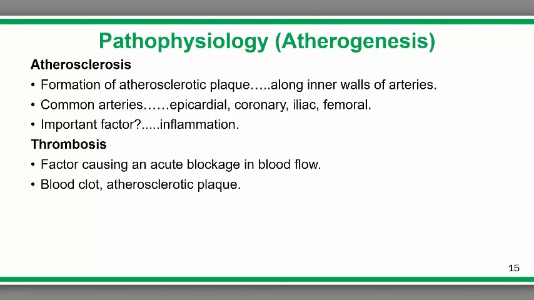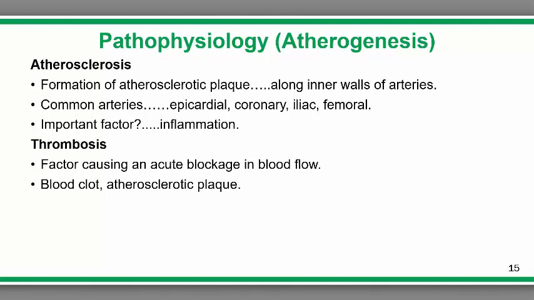So the plaque is not a blood clot. Plaque is a long-term accumulation of various compounds that will effectively decrease the cross-sectional area of the lumen of a blood vessel, and that will make blood much more difficult to flow through that vessel.